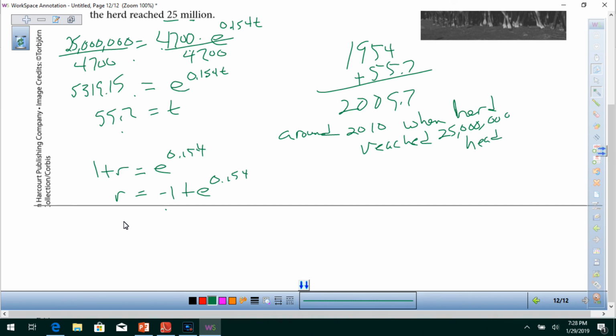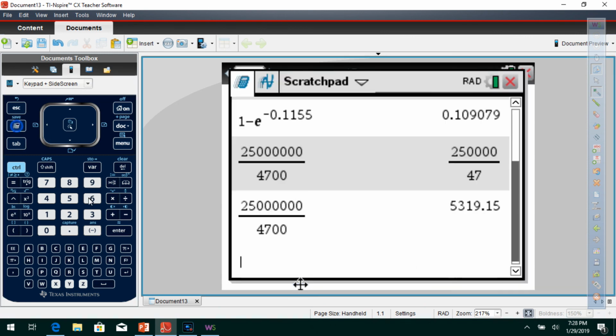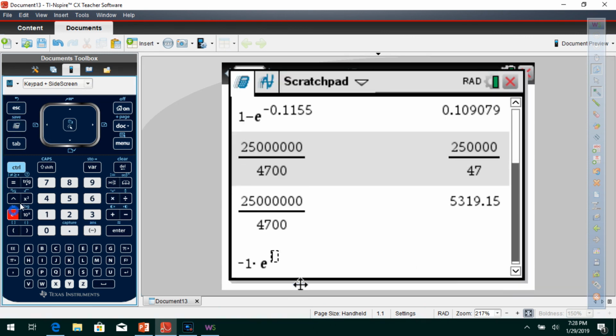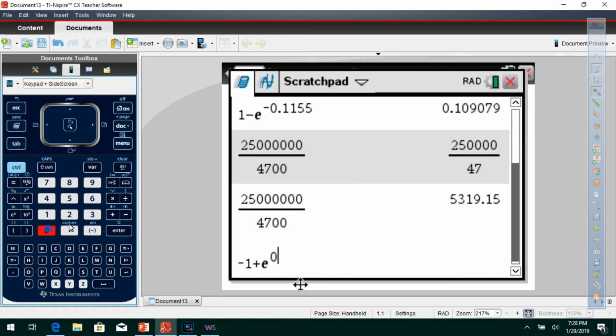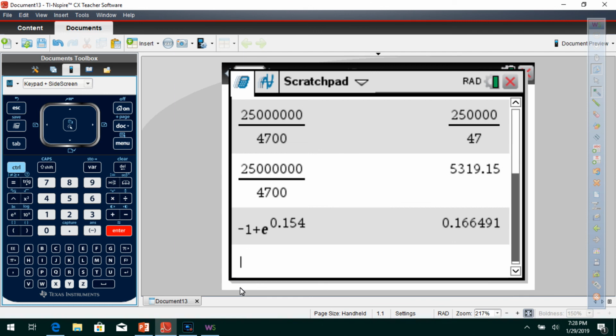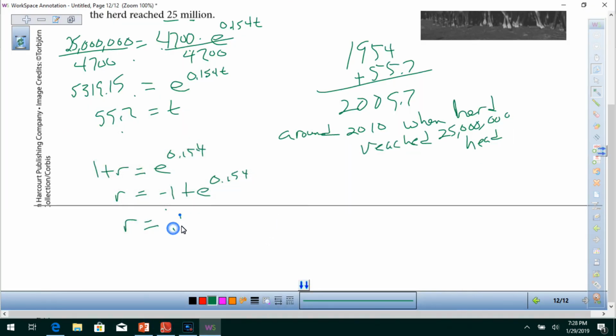So R equals negative 1 plus e, and I got times. I don't want times. I said plus e to the 0.154. And I'm getting 0.1665. So we have a 16.65% growth rate.